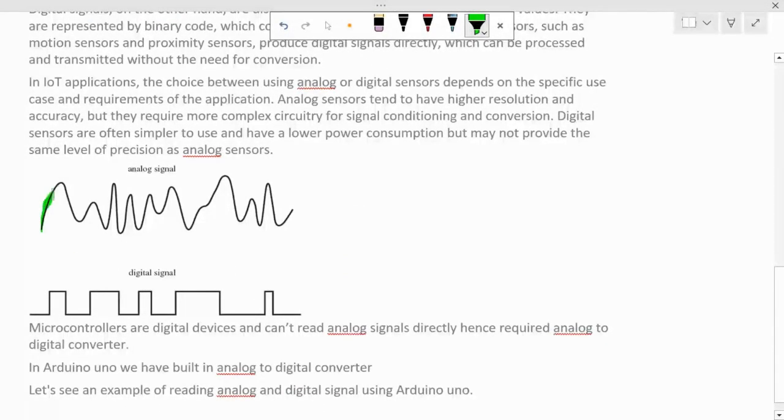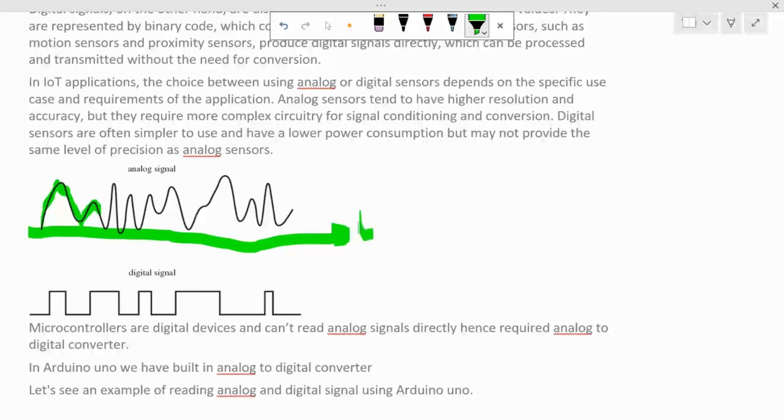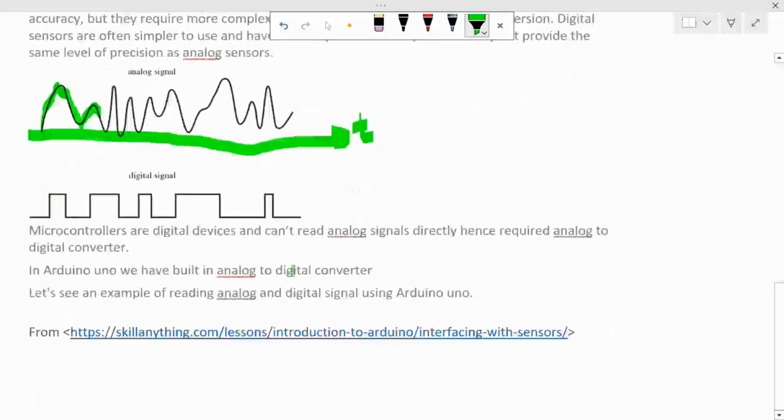Now here is an example of an analog signal. As you can see, analog signals vary with time. If you take the x axis as the time axis and the y axis as the amplitude, then you can see the analog signal varies with time.